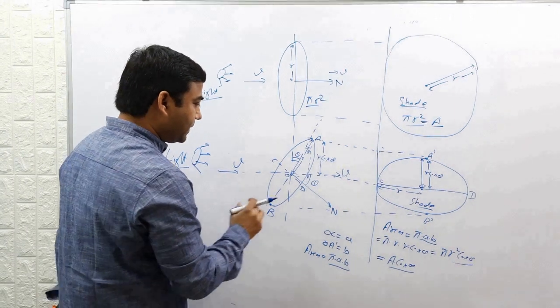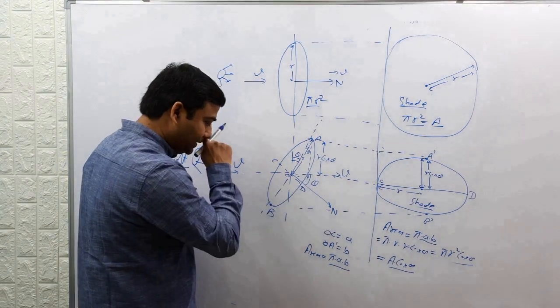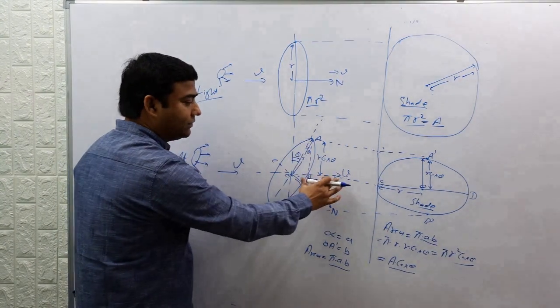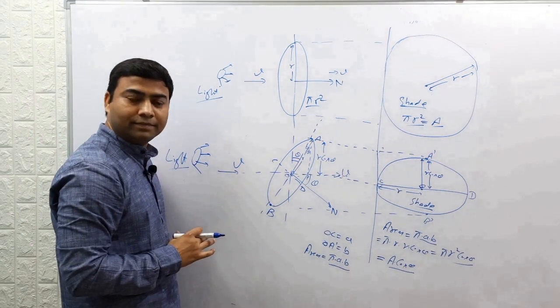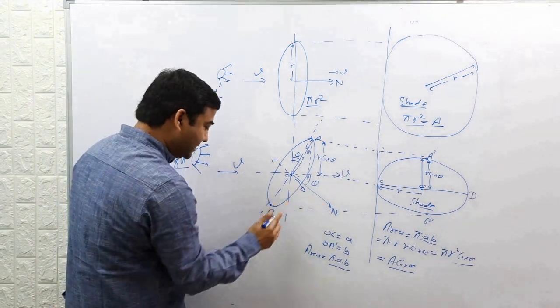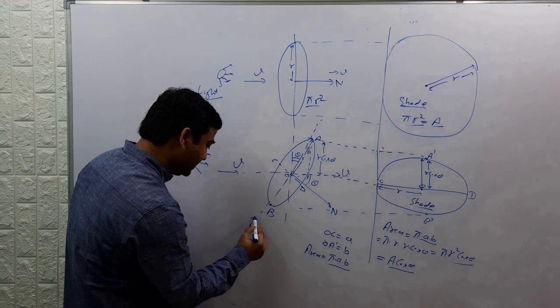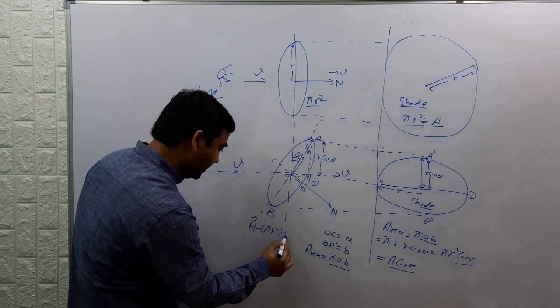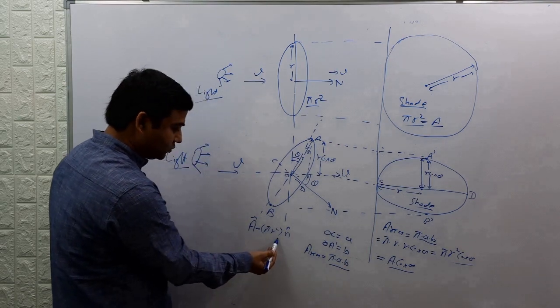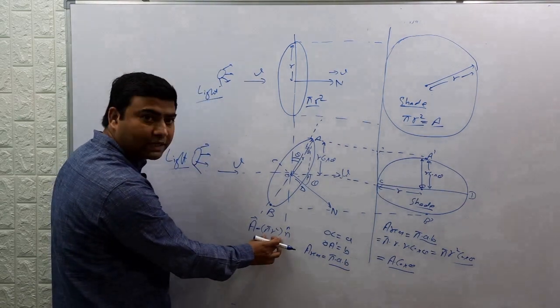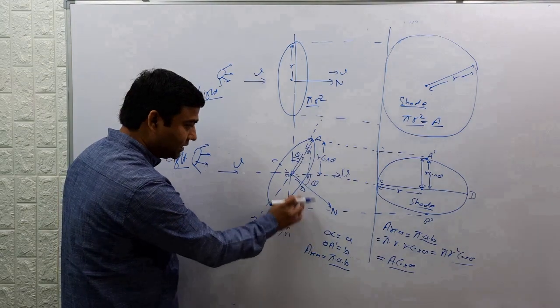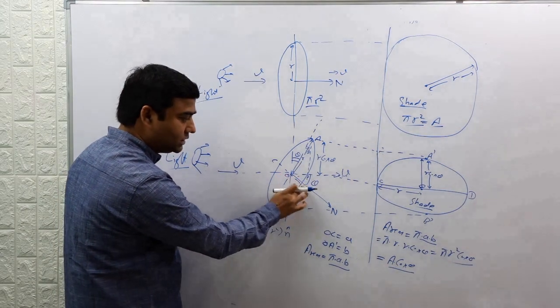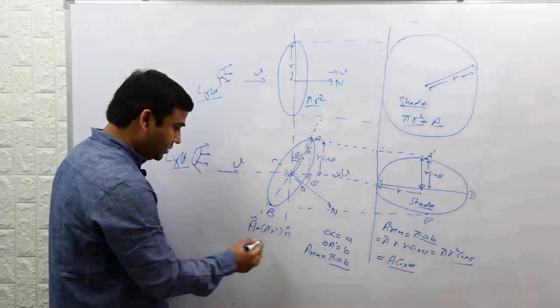Or we can say theta is the angle between vector A and vector V. Here vector A is pi r square, and pi r square is the area, that is the modulus of this vector, and n is a unit vector perpendicular to the circular surface.